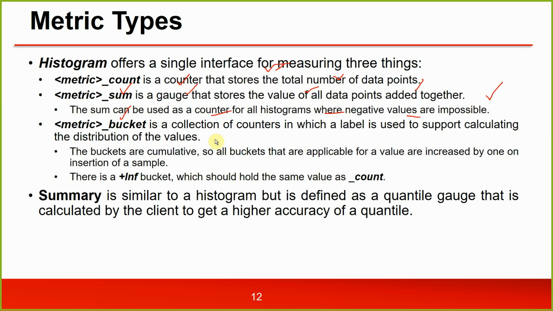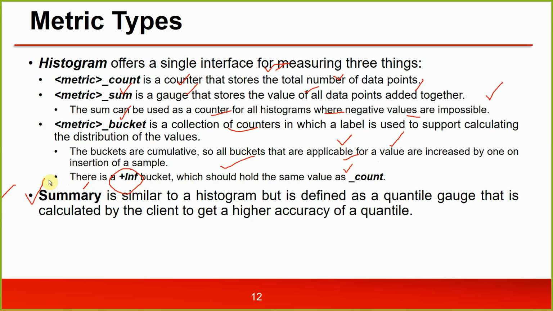Then we have bucket, a collection of counters in which a label is used to support calculating the distribution of the values. The buckets are cumulative, so all buckets that are applicable for a value are increased by 1 on the insertion of a sample. There is a plus Inf bucket, that is the infinity bucket, which would hold the same value as count.